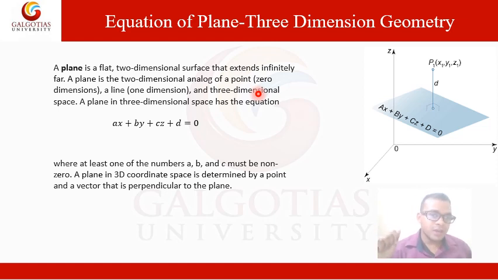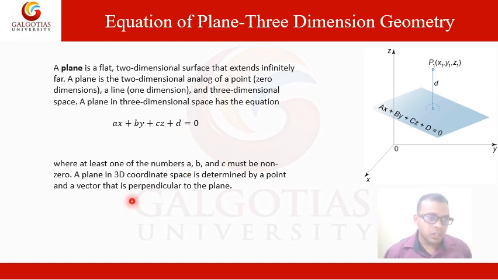So the general equation of a plane can be given by ax plus by plus cz plus d equals 0, where a, b, c and d are constants, and at least one of them should be non-zero. Make sure of this.